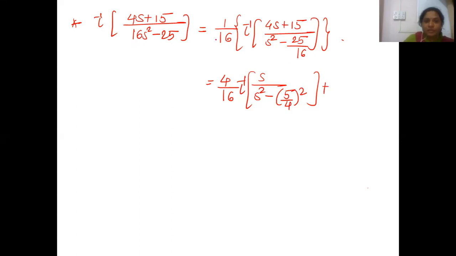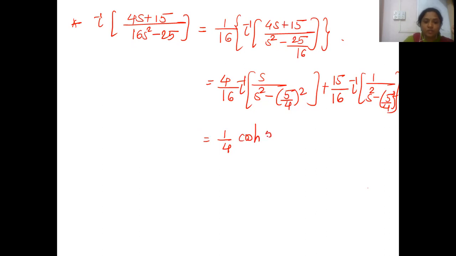Plus 1 by 16 is already there, and 15 also comes out: 15 by 16 into Laplace inverse of 1 upon s square minus 5 by 4 square. If you have any problem in this, please ask. So it is 1 by 4: s means cos and negative means hyperbolic.